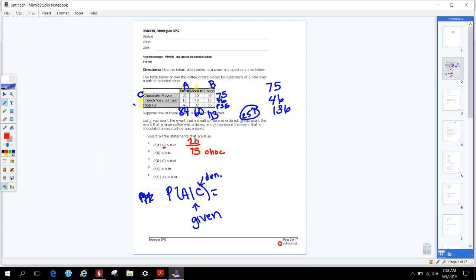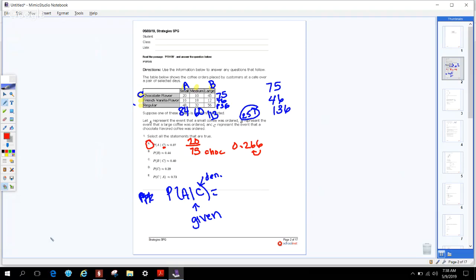So then all I'm going to do in the calculator, because it gives us decimal answers, is do the division. And when I do the division, I get 0.266. This 6 makes this round up to 0.27. So that makes this statement true.